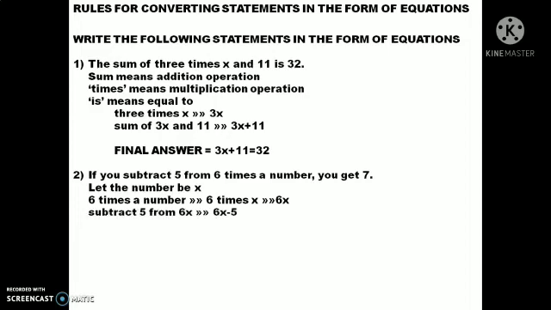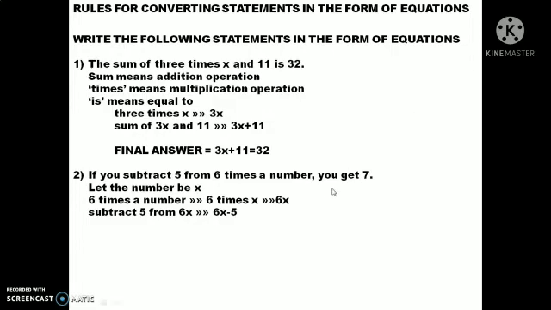Subtract 5 from 6x. So, after from 6x is coming, so we will write 6x first minus 5. So, subtract 5 from 6x, you can write it as 6x minus 5.